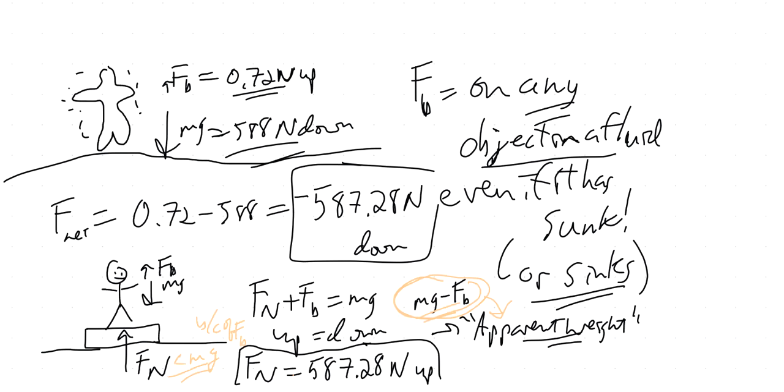But either way, we've solved for the net force, and we can actually solve for our acceleration falling down if we want to by setting F net equal to ma. So let's complete this.